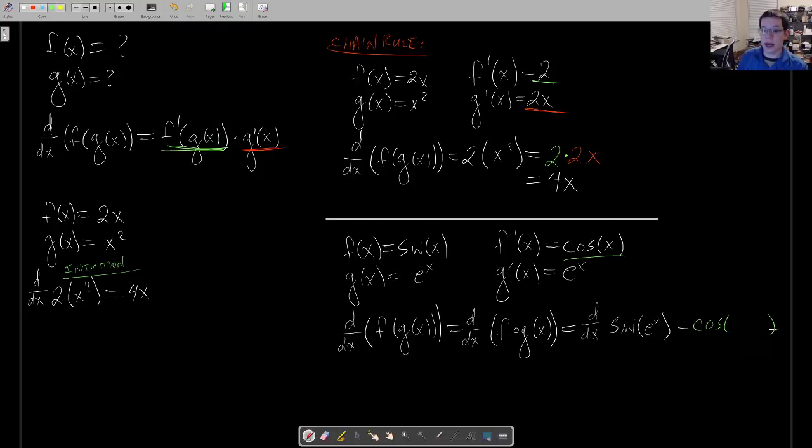The derivative of the outside composed with the inside, so e to the x stays there, times the derivative of the inside, which is e to the x. So our final answer is e to the x, cosine e to the x.